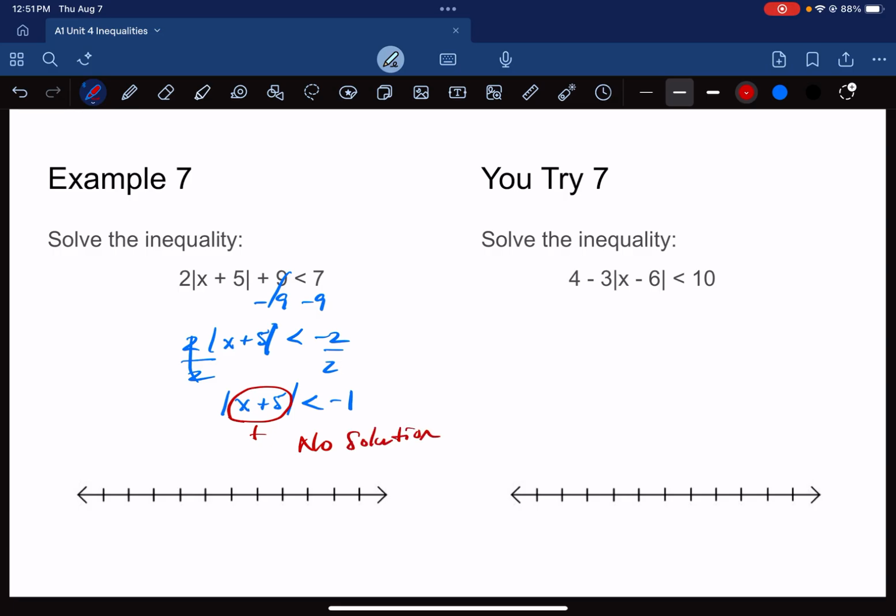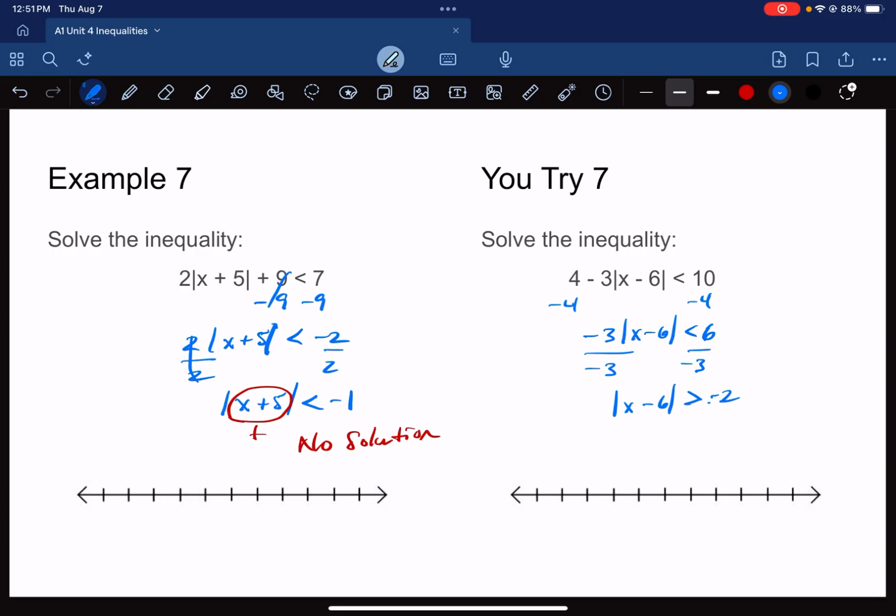Okay? All right. Let's try this one over here. Okay, let's see how you did. Divide by -3, divide by -3. I'm dividing by a negative, so what happens? Switching the inequality to -2.